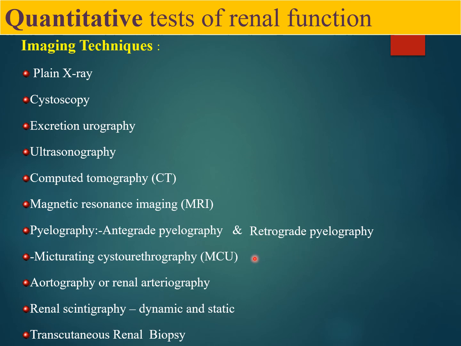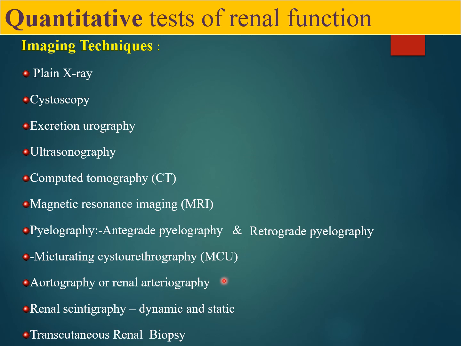Micturating cystogram, just giving a dye in the bladder through a Foley's catheter, and then asking the patient to pass urine, and you look under fluoroscopy. If there is some reflux of the urine while contracting the bladder, the urine will reflux up the ureters. We call this micturating cystogram or cystography.